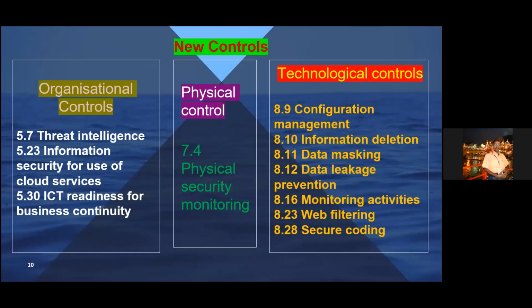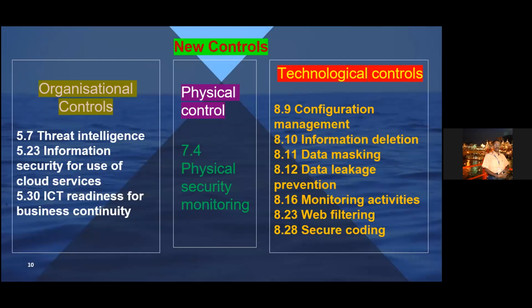So these are the new controls, 11 controls. At the organization level, there is a new control called threat intelligence at 5.7. Information security for the use of cloud services is a new and very exhaustive descriptive control with respect to cloud usage, at 5.23.